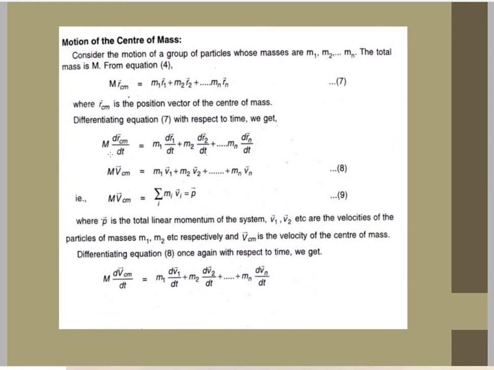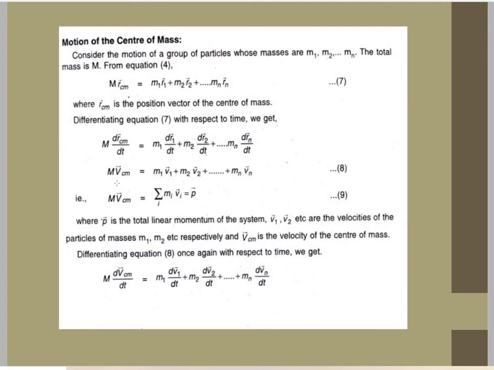So this d RCM divided by dt is nothing but the velocity of the center of mass. So we can write this as M into velocity of center of mass is given by m1 v1 plus m2 v2, where v1 is the velocity of the first particle and v2 is the velocity of the second particle.